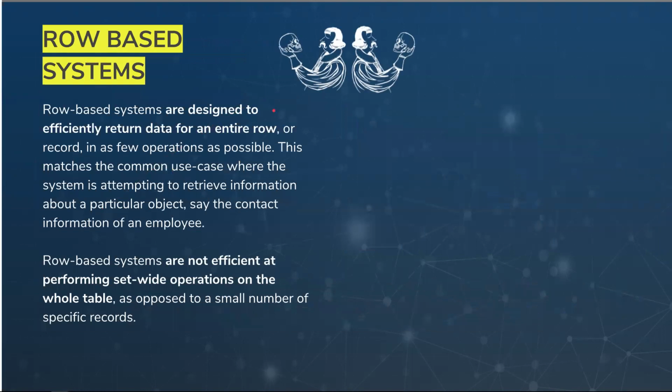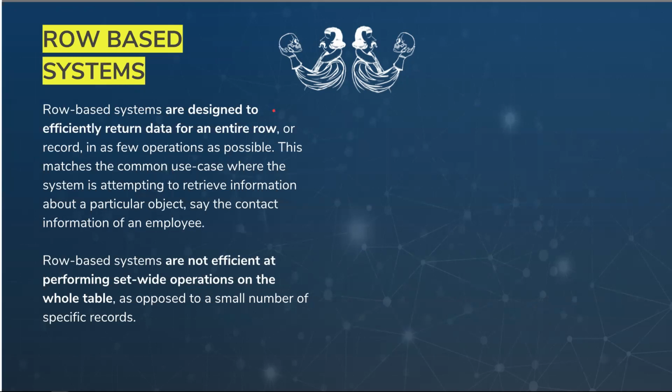Now let's analyze both kinds of systems. Row-based systems are designed to efficiently return data for an entire row or record in as few operations as possible. This matches the common use case where the system is attempting to retrieve information about a particular object. For instance, we may retrieve the contact information of an employee in a single disk read.